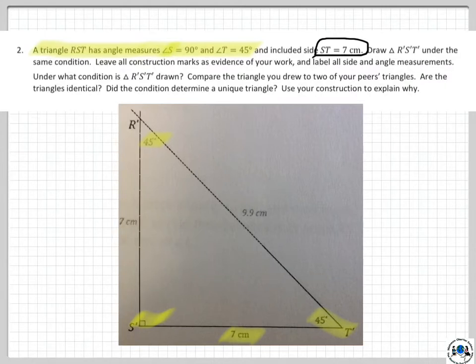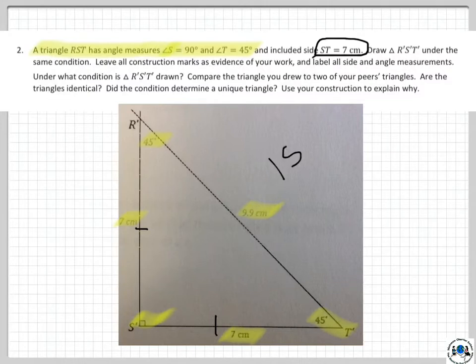Of course, you have a 45 degree angle there, as they all need to add up to 180. Then we have 9.9 centimeters on this side and 7 centimeters on this side. So we could put a tick mark here and a tick mark there to show that those two sides are equal.